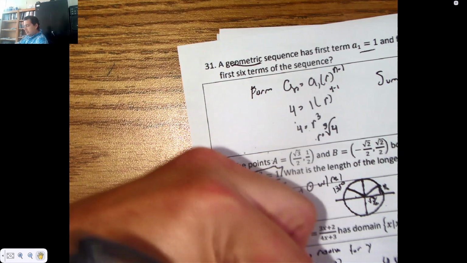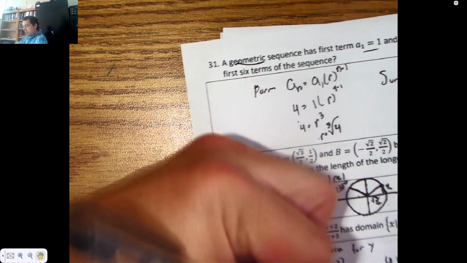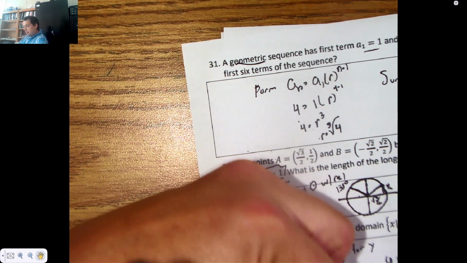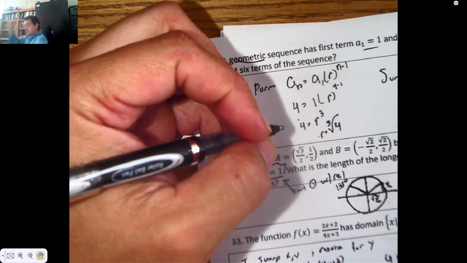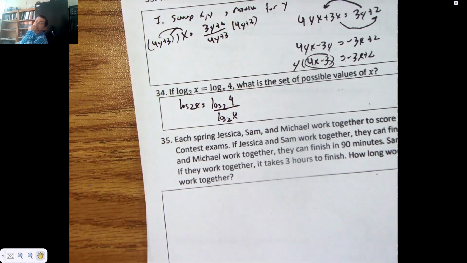Log base 2 of x equals log base 2 of 4 over log base 2 of x. Oops, sorry, you can't see. It'd be a lot easier if this was multiple choice, but it's not.